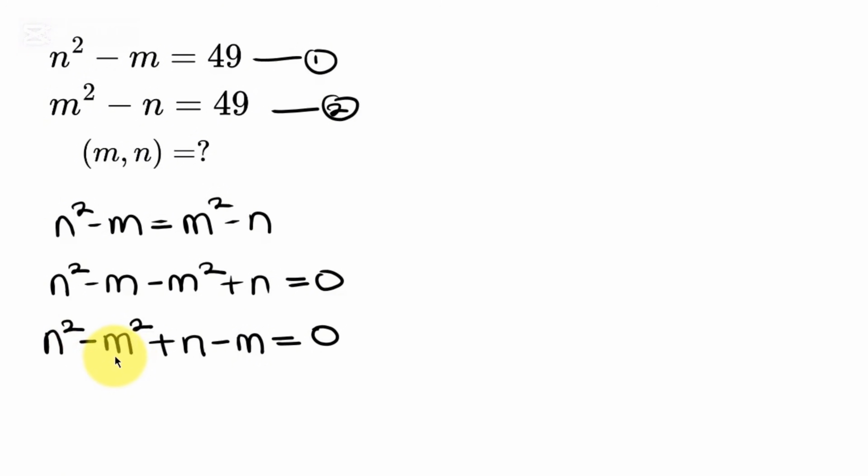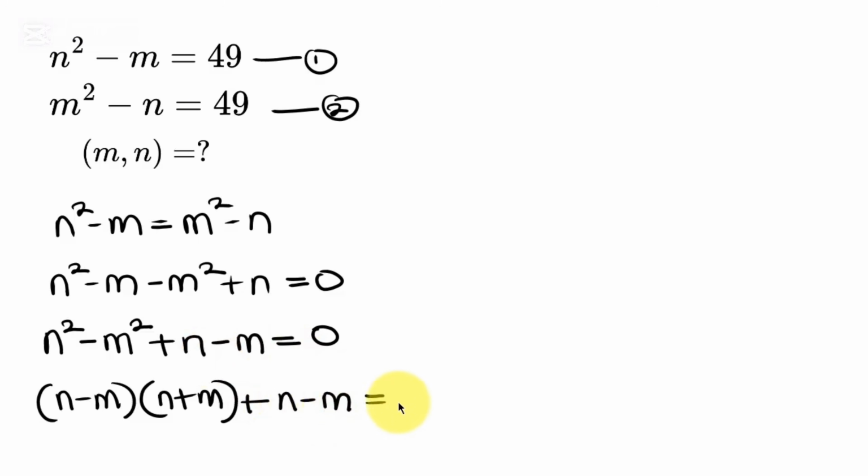This is known as the difference of two squares, and it can be written as n minus m times n plus m. That is just for these two terms. Plus, here we have n minus m, and this is equal to 0.